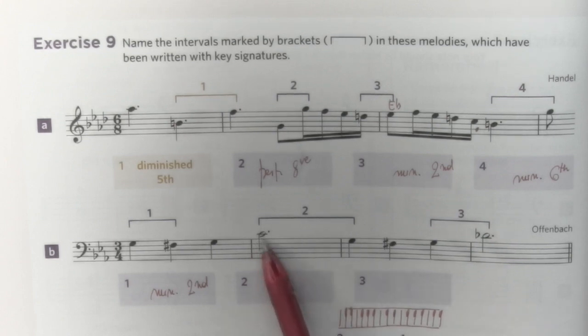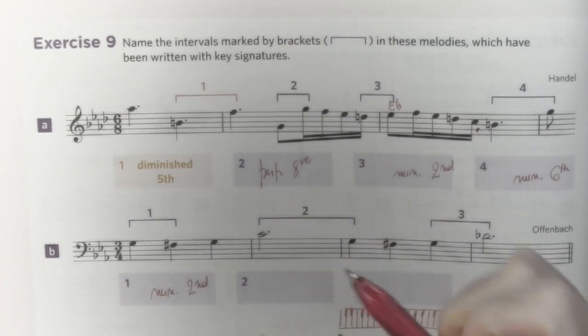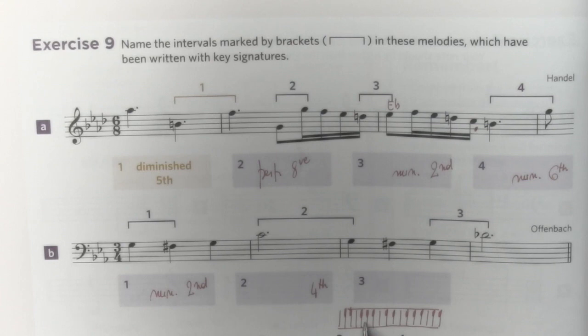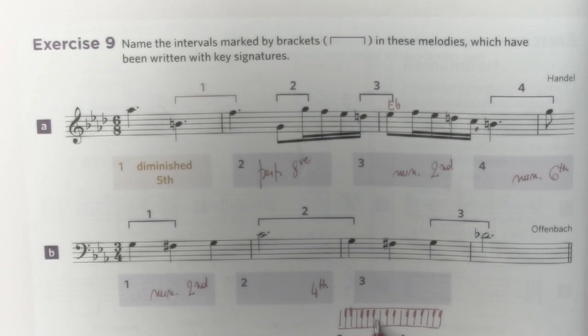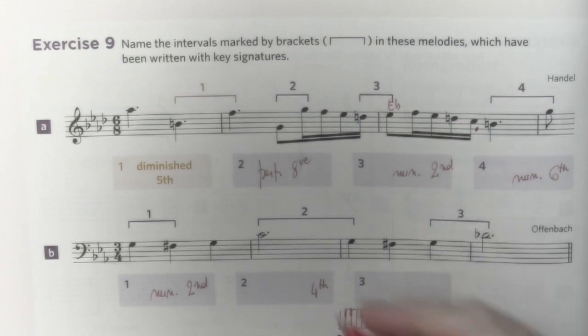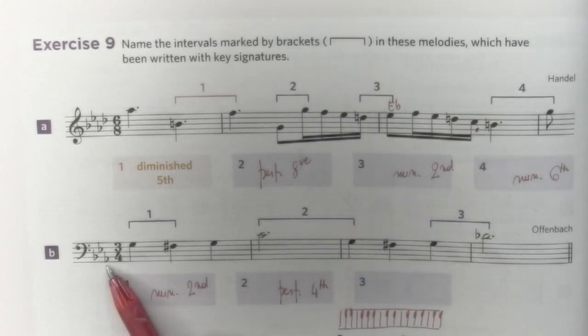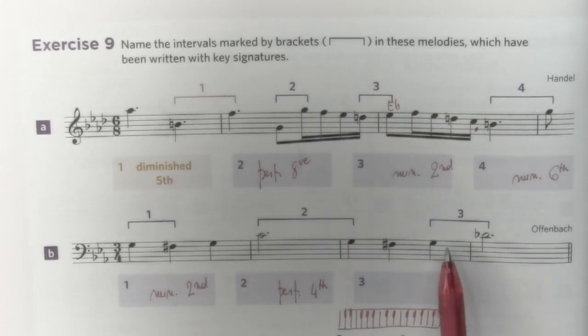This is do and this is sol. This is a fourth. Sol, la, si, do. What kind of fourth? A perfect fourth is 2 tones and a half. Let's count. 1, 2 and a half. Brilliant. Perfect fourth. We haven't missed any flats, so great.